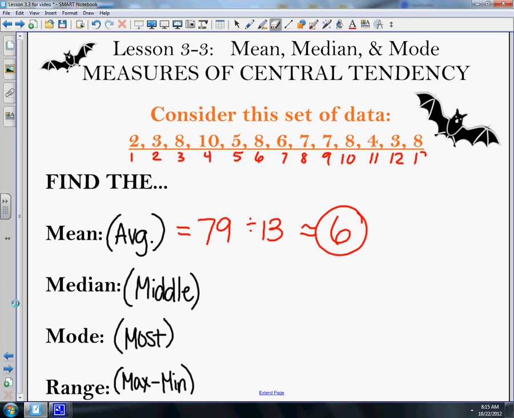The median, to find this one, I have to rewrite my numbers. So I have to write them in order.